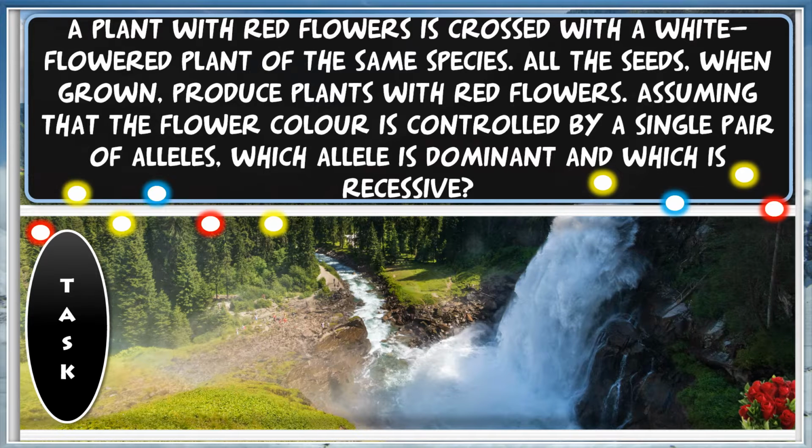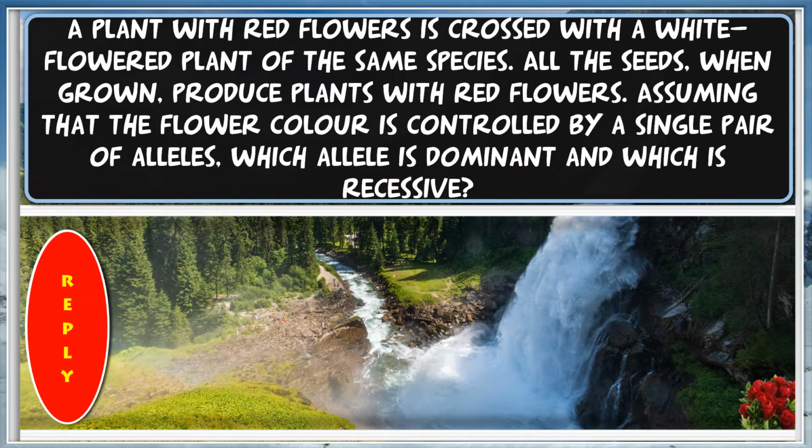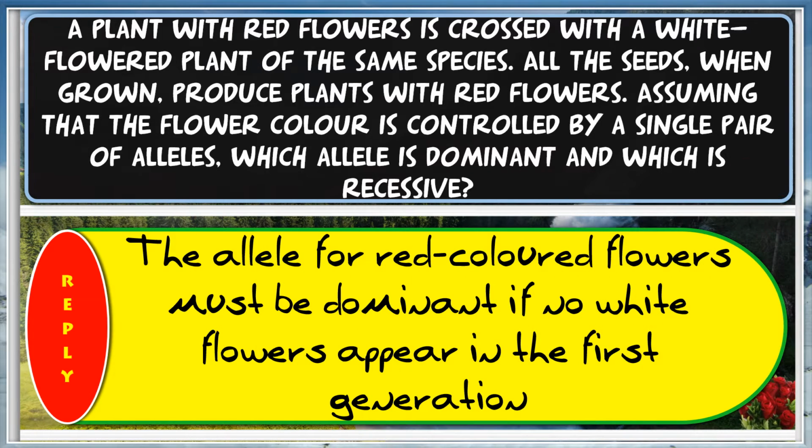Assuming that the flower color is controlled by a single pair of alleles, which allele is dominant and which is recessive? The allele for red color flowers must be dominant if no white flower appears in the first generation.